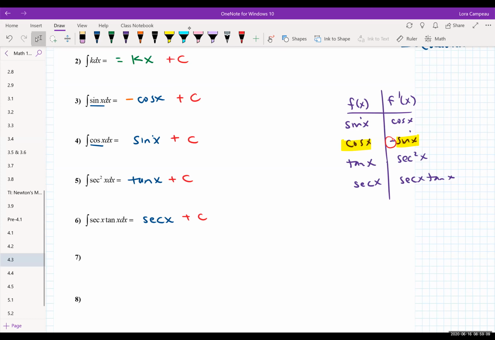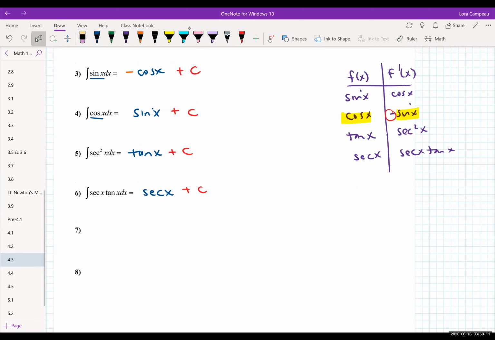We go back and say, well, I think we're missing the cosecant one. That's something that comes into play. So let's see, what's the derivative of cosecant? That's negative cosecant x cotangent x. So we're going backwards.